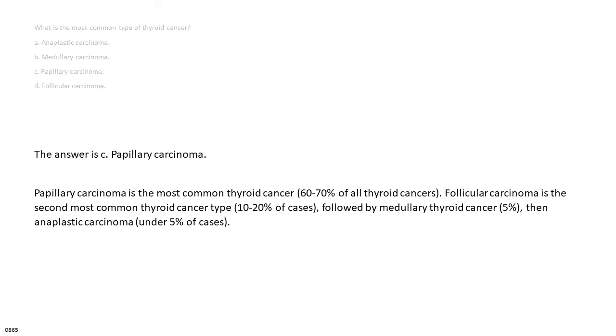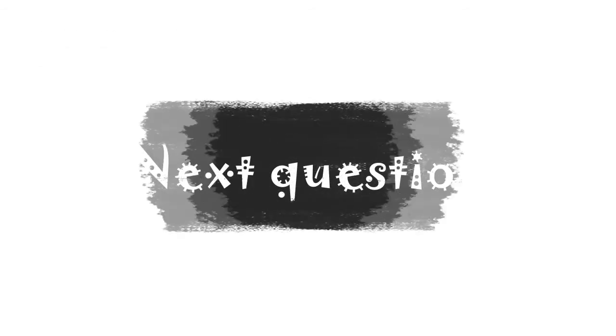Papillary carcinoma is the most common thyroid cancer, 60 to 70% of all thyroid cancers. Follicular carcinoma is the second most common thyroid cancer type, 10 to 20% of cases, followed by medullary thyroid cancer, 5%, then anaplastic carcinoma, under 5% of cases.